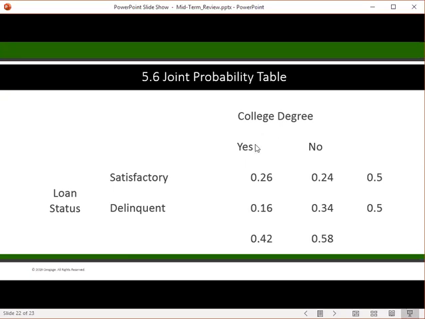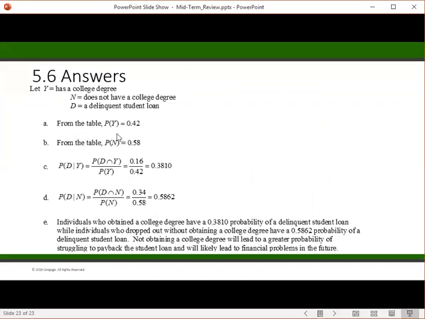So college degree, yes. We're going to get college degrees that are satisfactory and delinquent on their student loans, and we get a total of that, and 42% of the people received a college degree. So that's answer A.